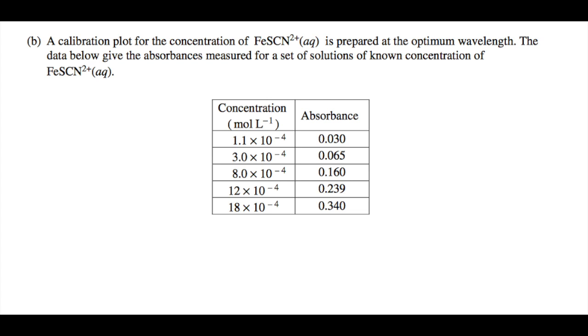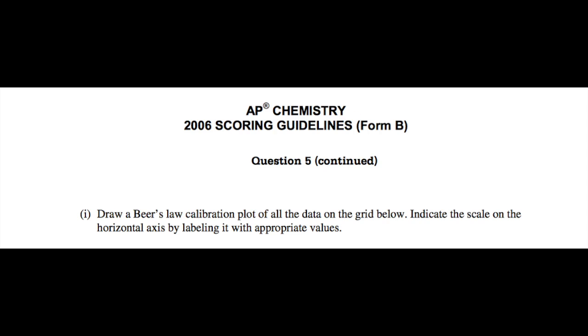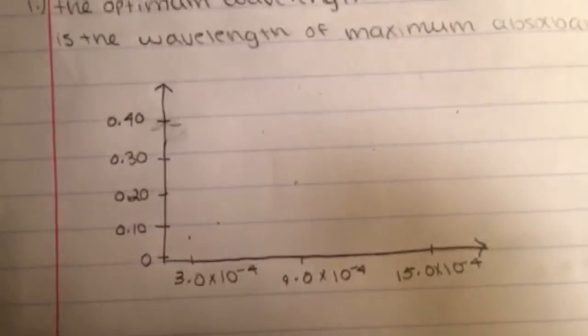So when we go to part I, they ask to draw a Beer's law calibration plot for all of the data on the grid below, indicating the scale of the horizontal axis by labeling it with appropriate values. For the Y, I just put 10, 20, 30, and 40, going up by tens.